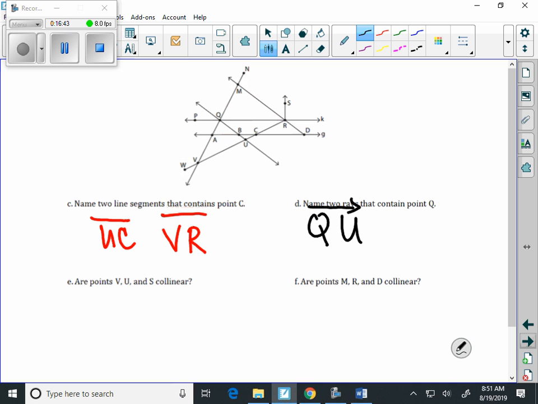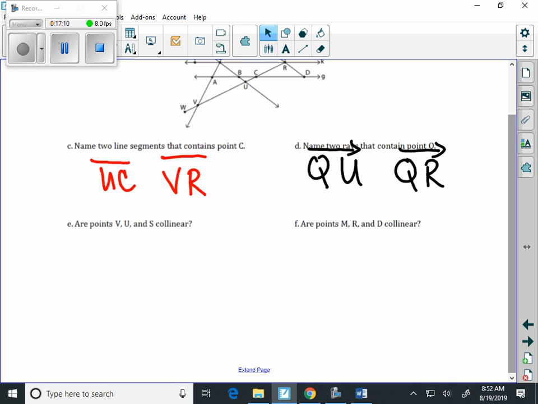We're starting at point Q and we're continuing. We could also say ray QR. We could say ray QV. We could say ray QA. We could say ray QM. There are lots of possibilities on these.